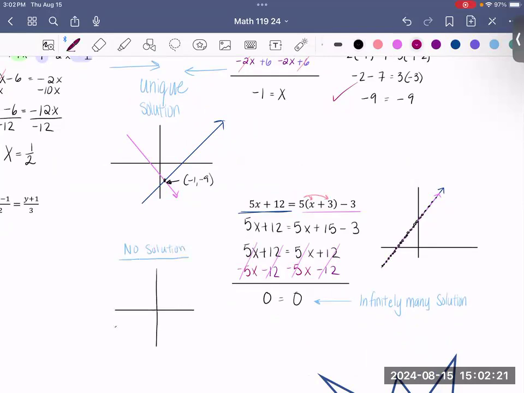Now it's called no solutions because parallel lines will never intersect. And they are not the same line, so they will not have any solutions in common. So we have two parallel lines that will never intersect and meet at some point, and they are not the same line on top of each other to give lots and lots of solutions. So your last variation is no solution.